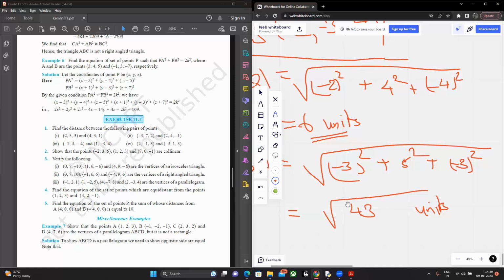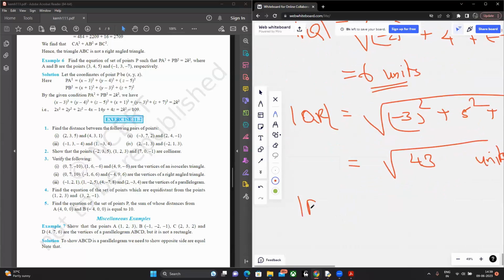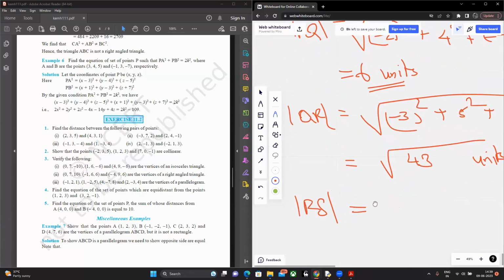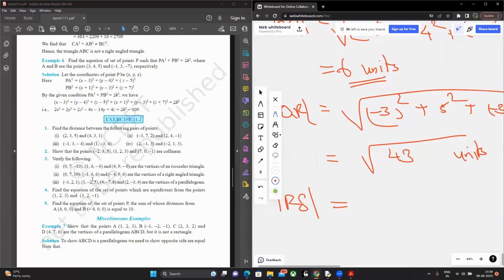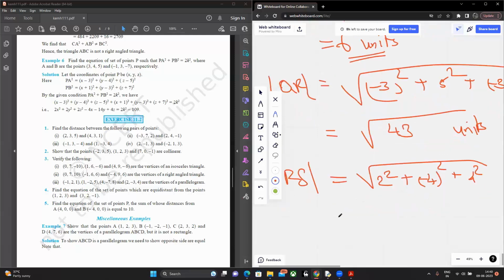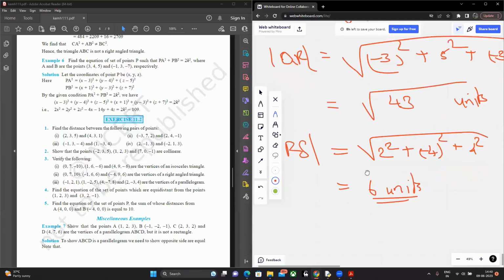And then you have mod RS, that is going to be 4 minus 2, this again going to be 2 squared, plus minus 7 minus 3, that is going to be minus 4 the whole square, plus 8 minus 4, that is going to be 4 squared, which, since I've done the earlier calculation, is again 6 units.